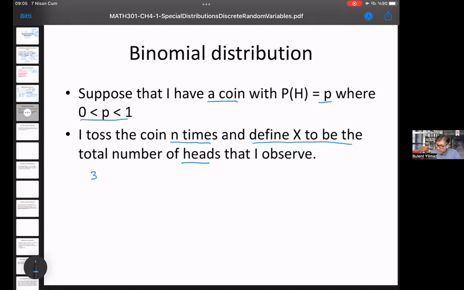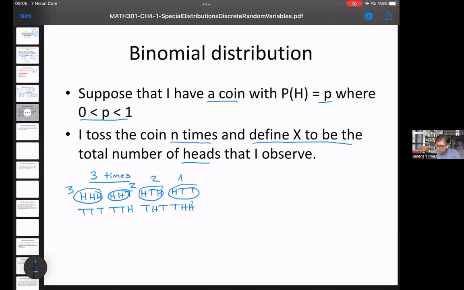We flipped the coin 3 times. What are the possible outcomes? 3 heads, head, head, tail, and so on. So there are 3 heads here, 2 heads here, 2 heads here, 1 head here, 2 heads here, 1 head here, 1 head here, 0 heads here.